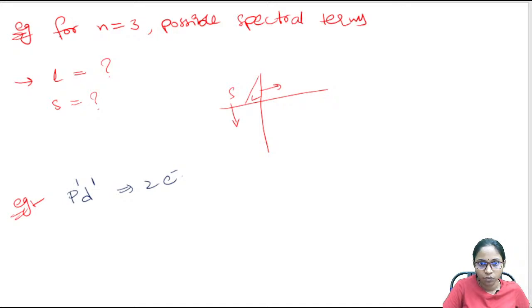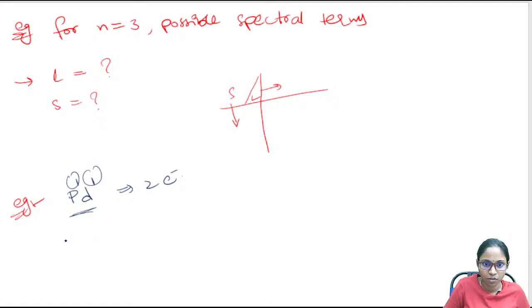And I want to give you one example. For p1 d1 configuration, that means you are having 2 electrons here. In this case, how to write a spectral term? Let's see.